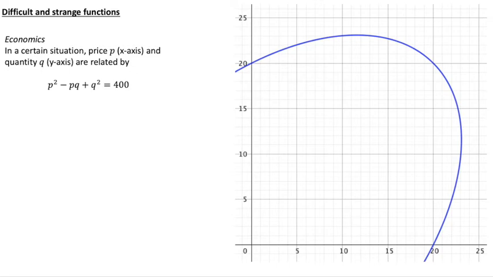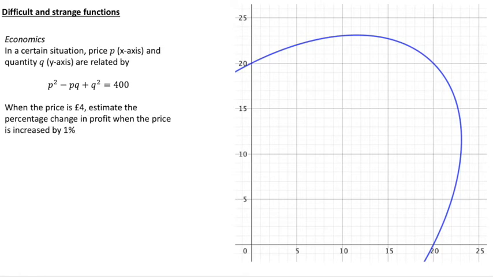So it's not like an explicit function in that sense. And then the sort of question you might be interested in is, when the price is £4, estimate the percentage change in profit if we increase the price by 1%. And so these values will be then related into profit as well.